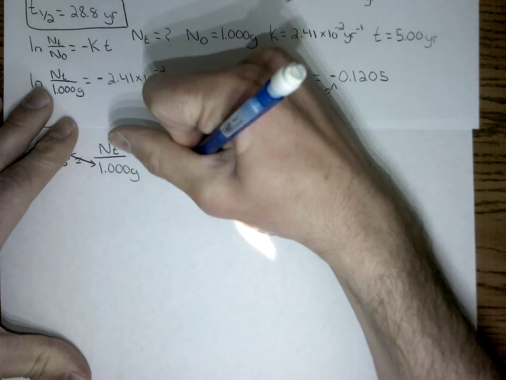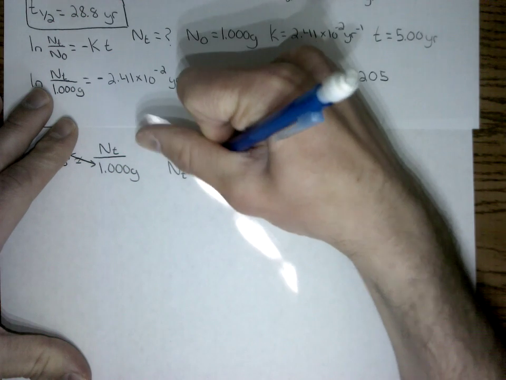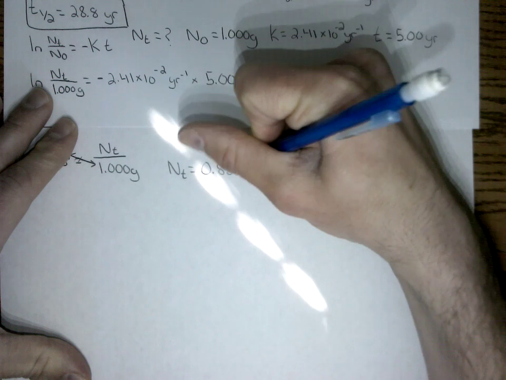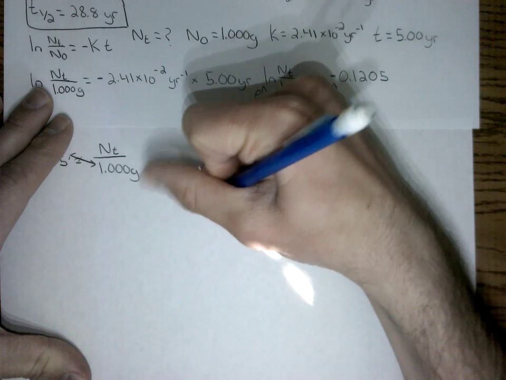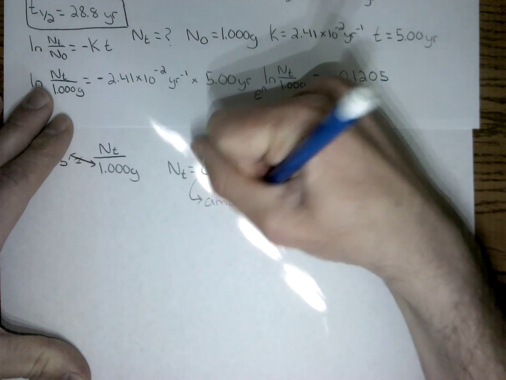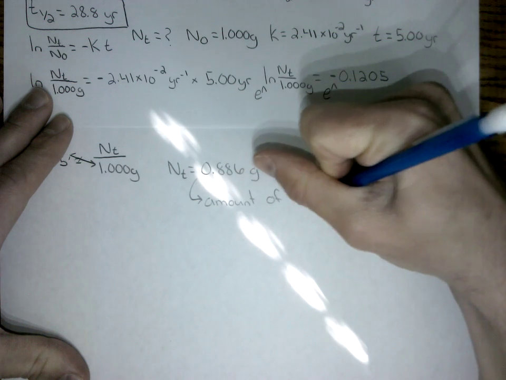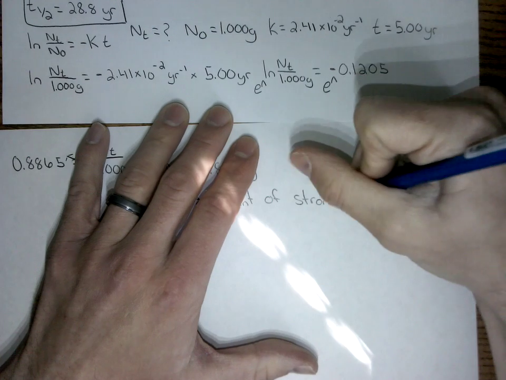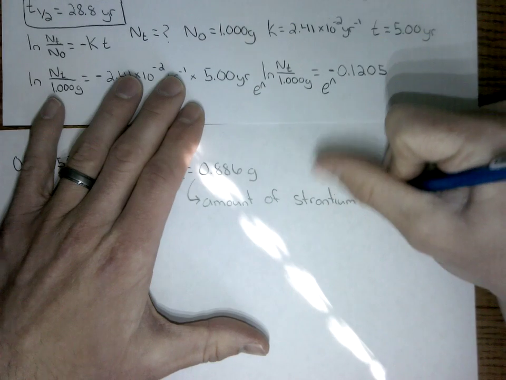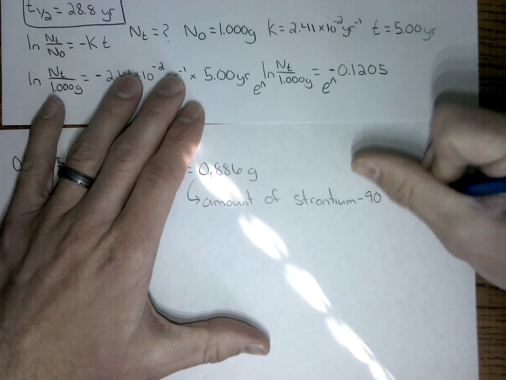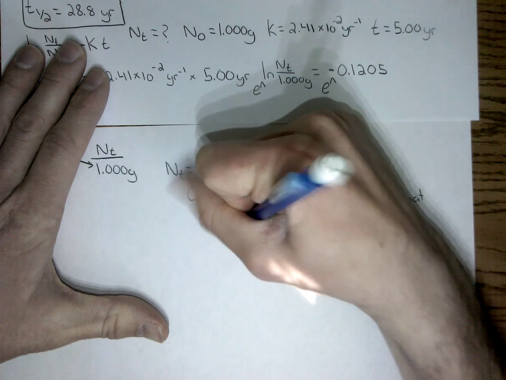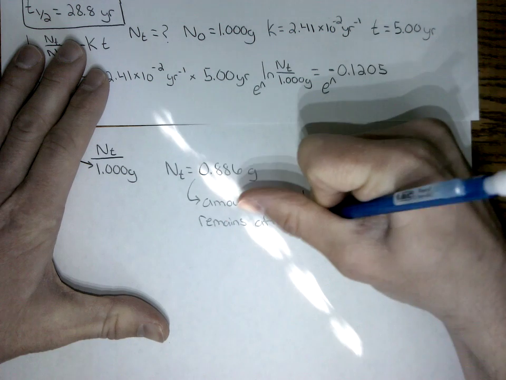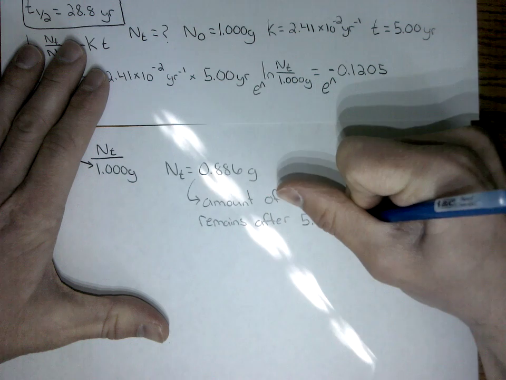So our NT is 0.886 grams. And I want to put a note here. This is the amount of strontium-90 that remains after 5 years. And again, this should make sense.